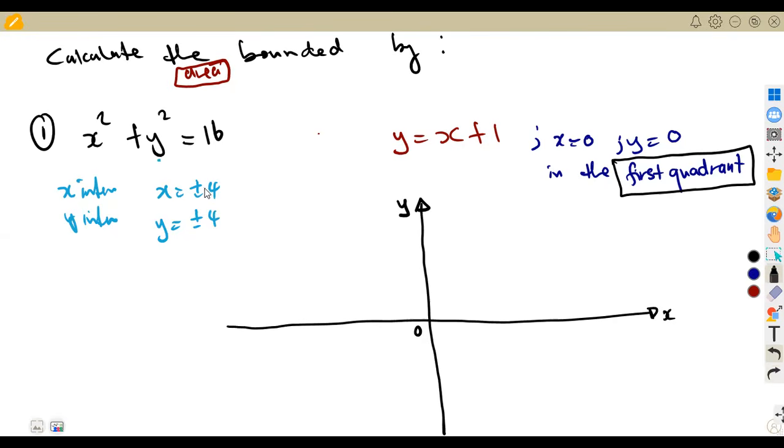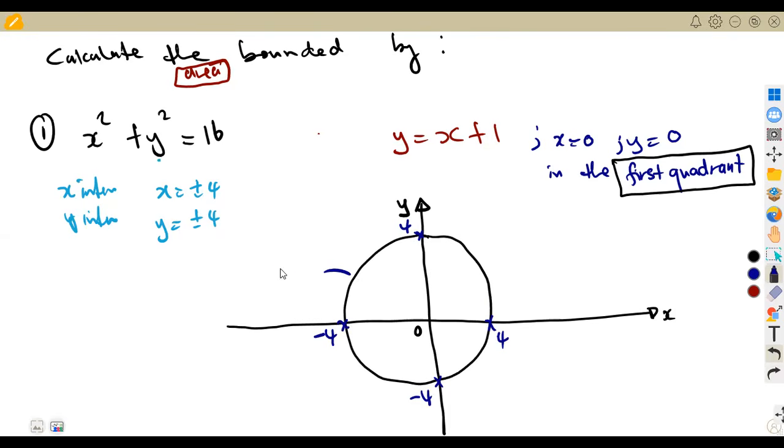It's a circle passing through these points 4, and we're going to have the same distance from the origin. So you're going to have maybe something of this nature passing through the y-axis at +4, down here at -4. On the x-axis, we also have +4 and -4.